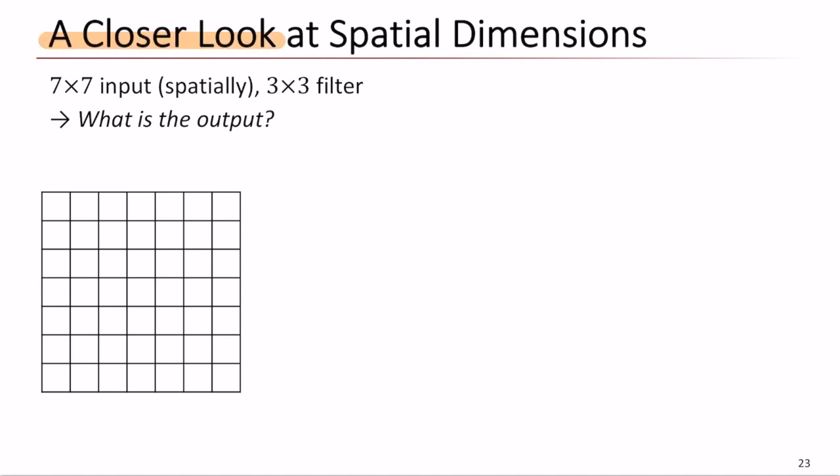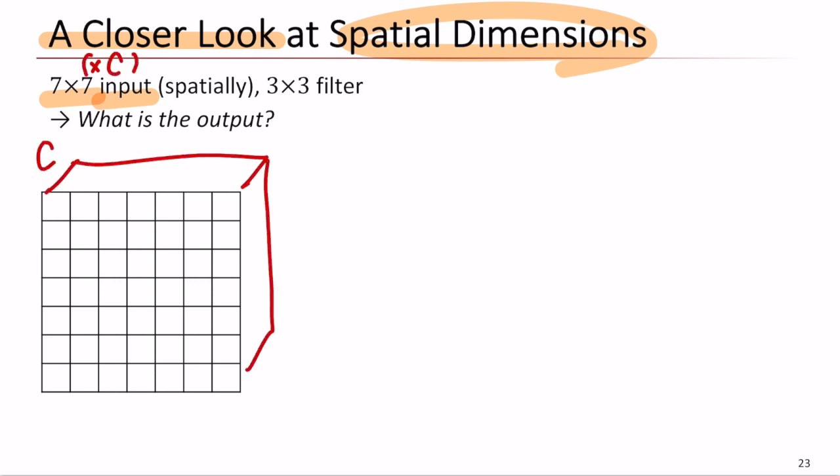Anyway, let's take a closer look at the spatial dimension. We already talked about this one. Let's say you have a 7x7 input, with a channel, but we are just interested in the spatial dimension, right? Because the channel should be the same. Let's say the input is 7x7 and the filter is 3x3. Then what is the output?